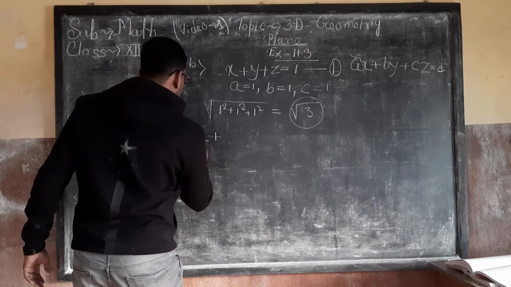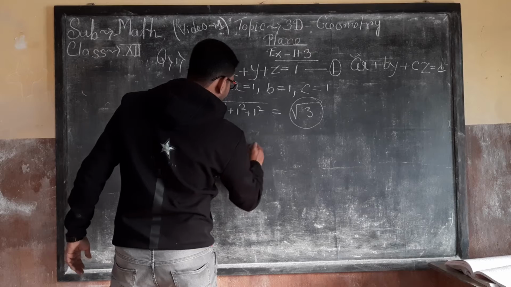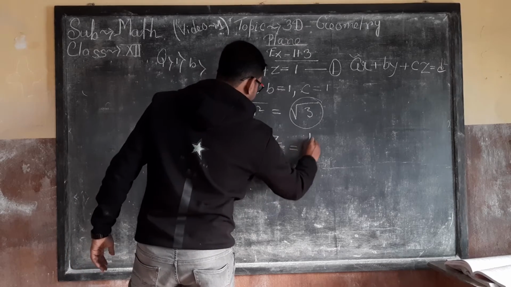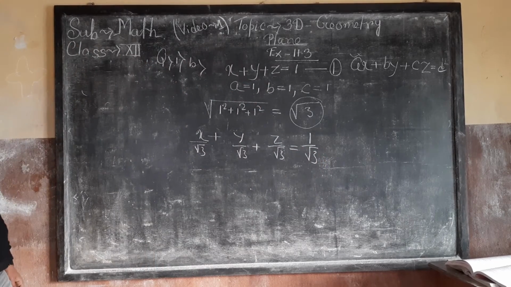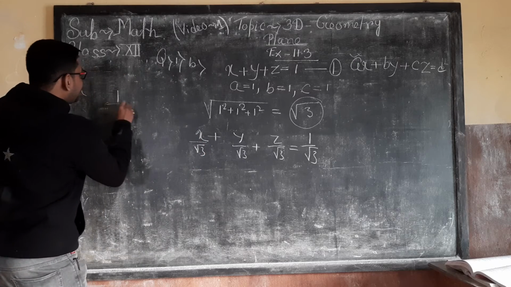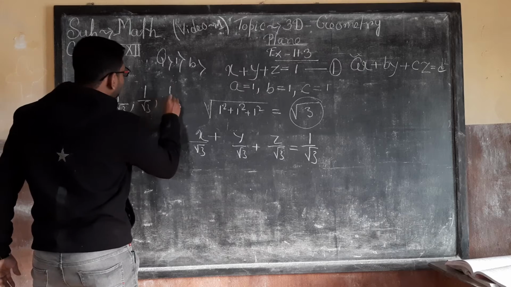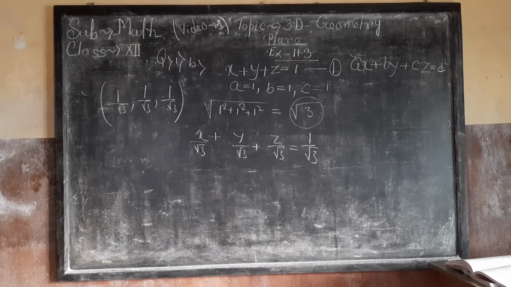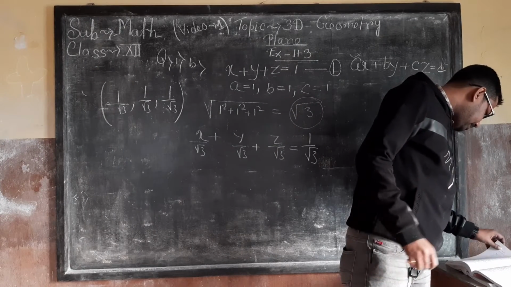And after the division, after getting this step, this 1 by root 3, 1 by root 3 and 1 by root 3 is nothing but the direction cosines of this normal. Okay?